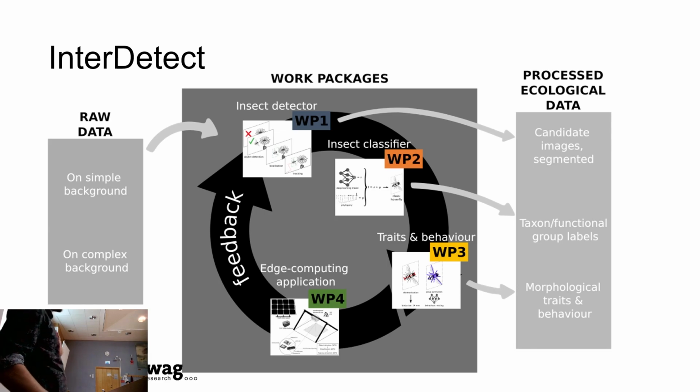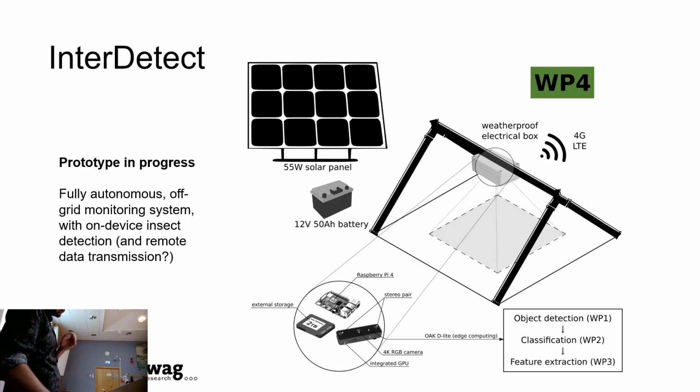So what we are trying to do, especially on the hardware side, is to use a device that has an integrated GPU on it and can run simple machine learning and can do the segmentation in the field. So my objective would be to have at least a good model for detection, to cut out most of the frames, and then be less constrained by the storage capacity.